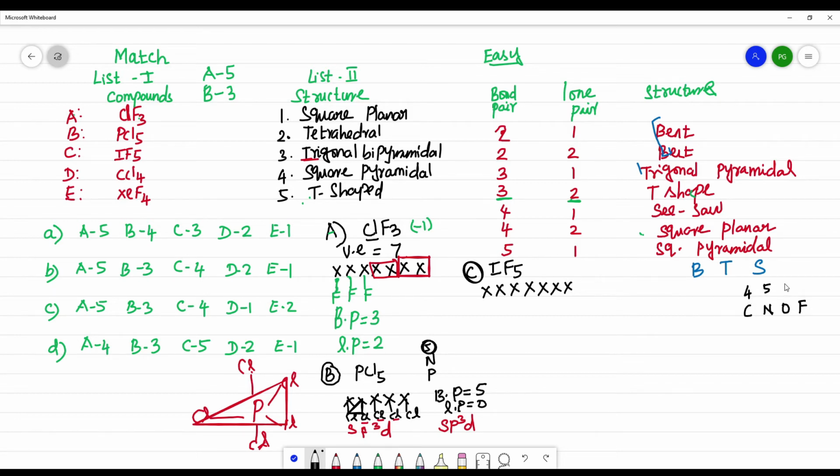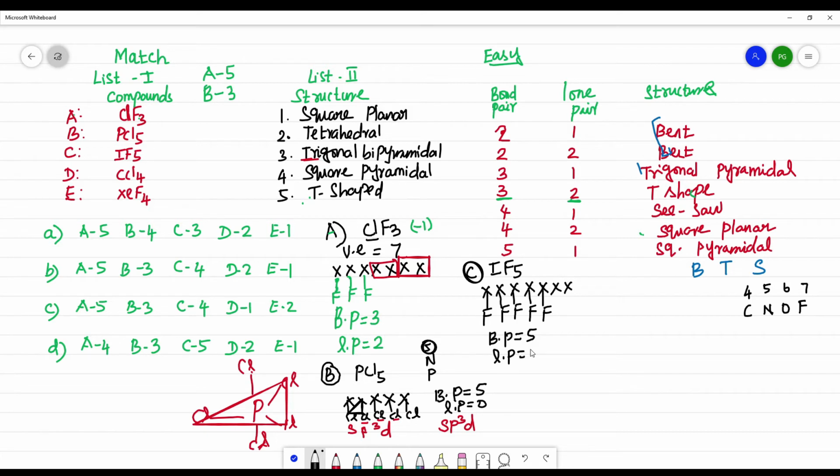It is 5, it is 6 and it is 7. For halogens, the valence electron is 7. How many fluorine are surrounded? Fluorine is 5. So how many bond pair here? The bond pair is 5. And how many lone pair?